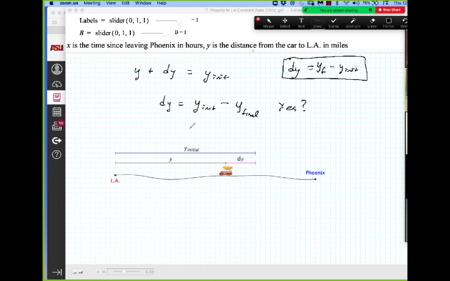Okay, so something's up here because the amount of variation in a variable should be y final minus y initial. We got y initial minus y final. So something's wrong. We haven't really gotten to the heart of what's going on here. Is that what you're saying, this is wrong? We know this is true, right? We took our diagram, which is a good diagram, and we concluded from our picture this.